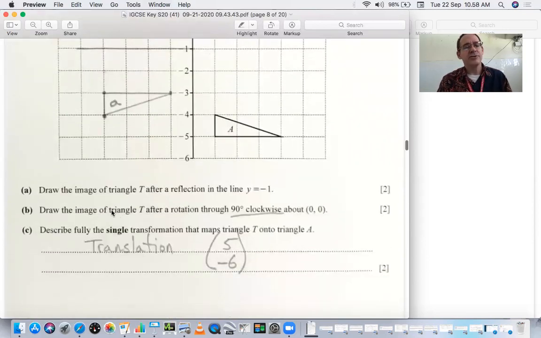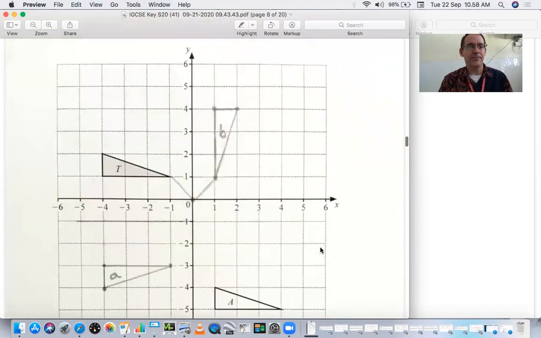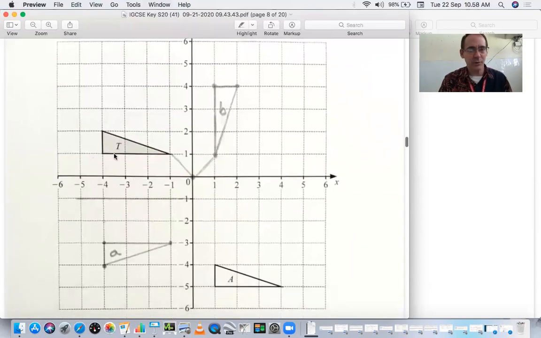Part B, draw the image of triangle T after a rotation through 90 degrees clockwise about 0, 0. So again, T is our object. We want to draw the image after T is rotated clockwise 90 degrees, which means it's going to give us a perpendicular to the center of rotation, which is at 0, 0.